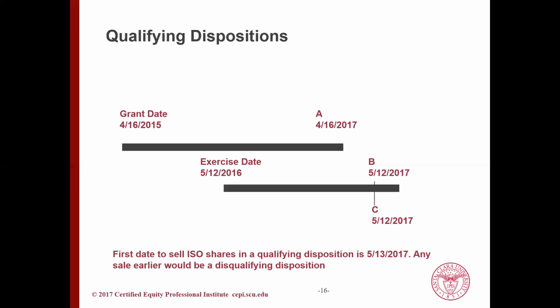So the first opportunity to sell in a qualifying disposition would be after the 1-year holding period, starting from the date of exercise, May 12, 2016 to May 12, 2017. Add 1 day because selling on the 1-year date will result in a disqualifying disposition after all that waiting.